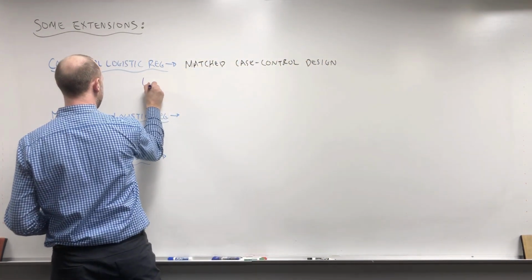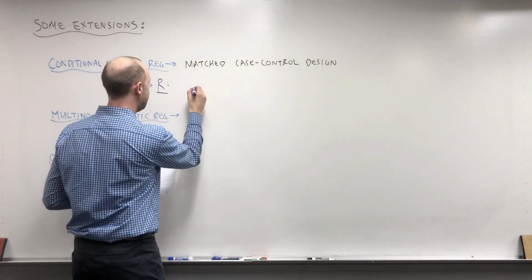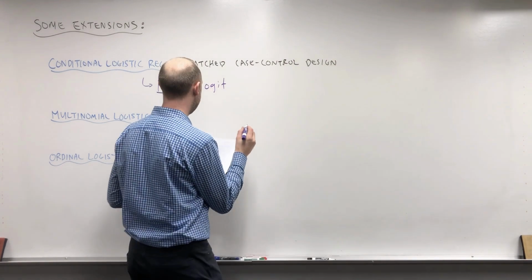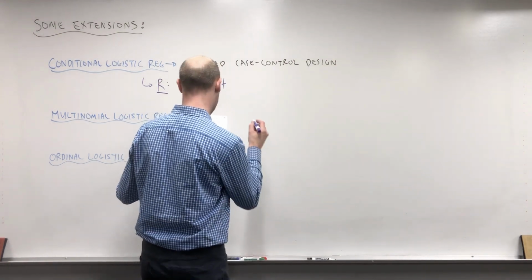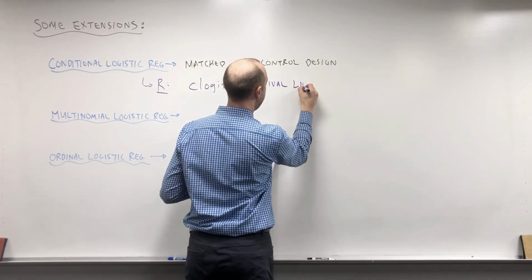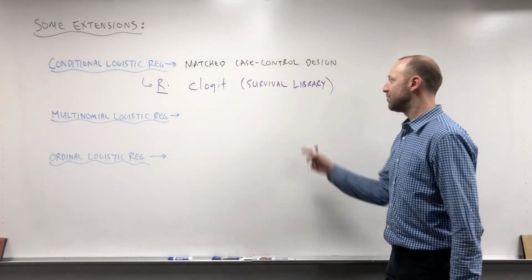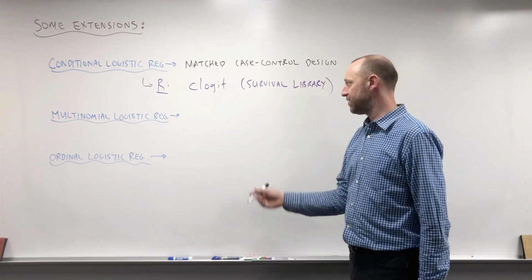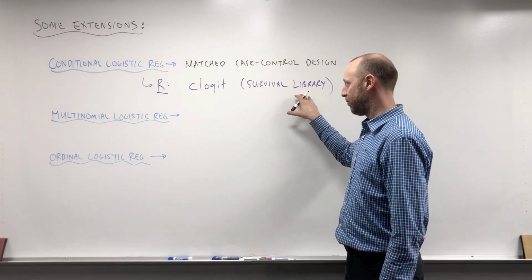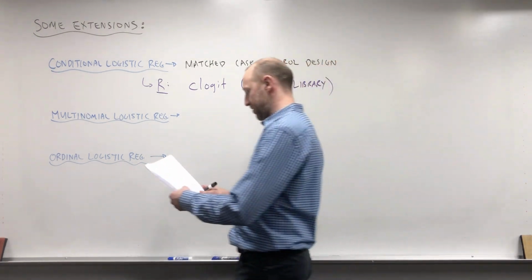Without getting too far into it, I just want to mention in R, there is the clogit command, conditional logit, and that is in the survival library. We'll start making use of the survival library when we move into survival analysis in a few more weeks. That package is already built into R, but you need to load the library if you want to work with it.